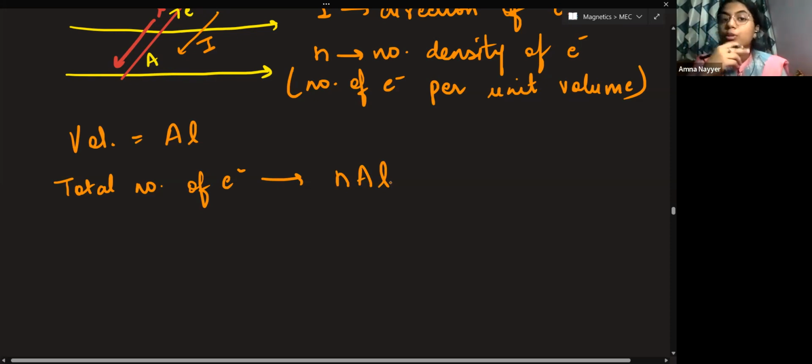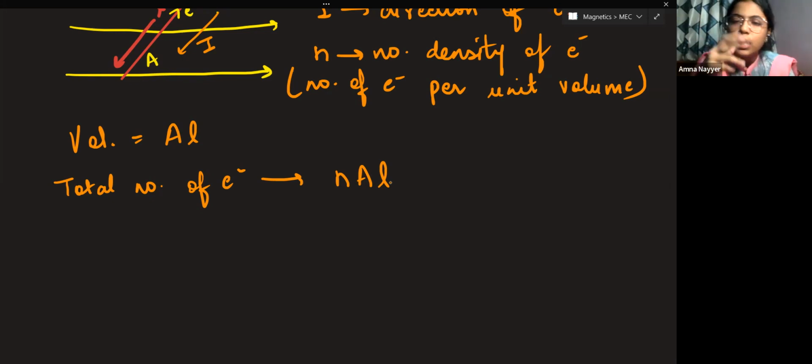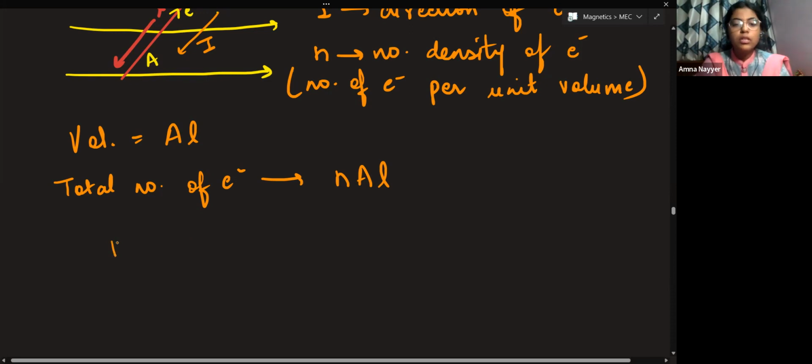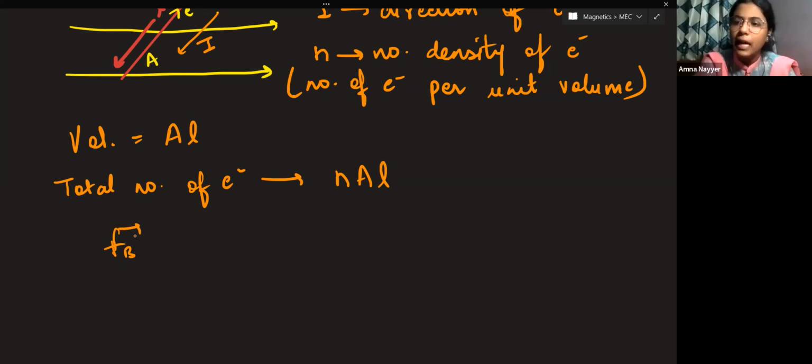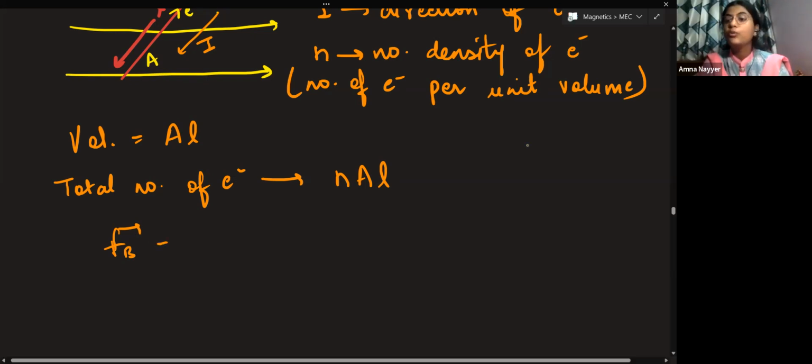Now regarding the force, we did that force, the magnetic force, Q V cross B. So here we are talking about electrons. Let me represent it through small f, because then the normal force that we are getting, F, that will be confusing. So right now I'm taking it as small f, but this is the same force that we had calculated, this force, Q V cross B. So instead of Q, I will write it as minus e. The charge is electronic charge, so I'll write it as minus e.